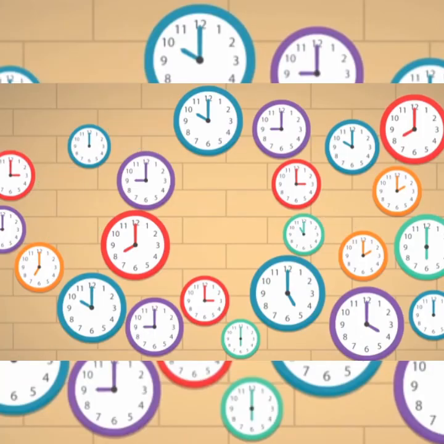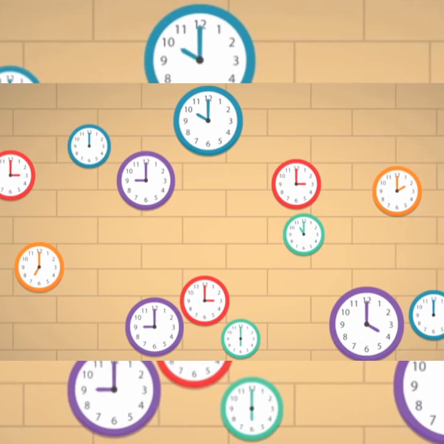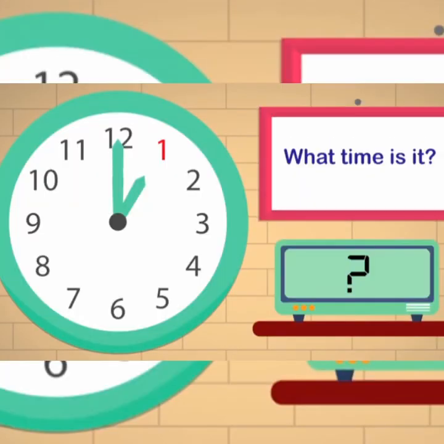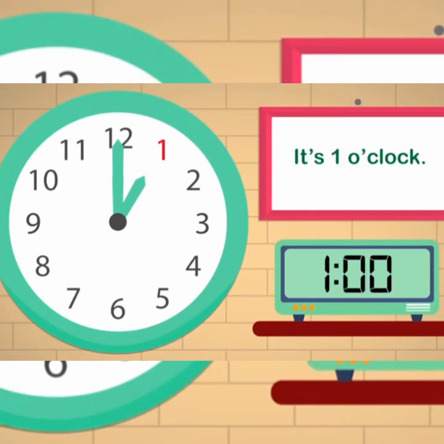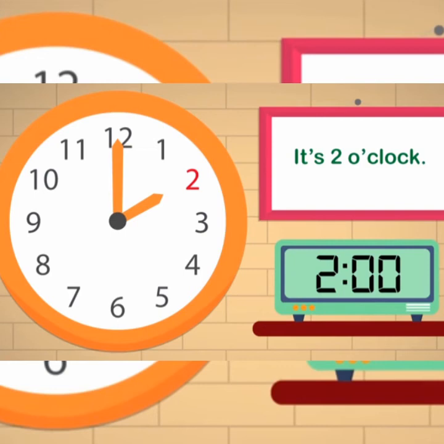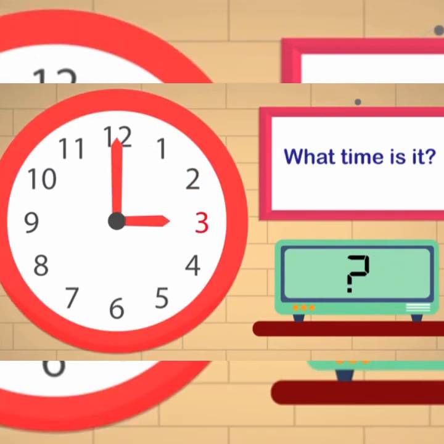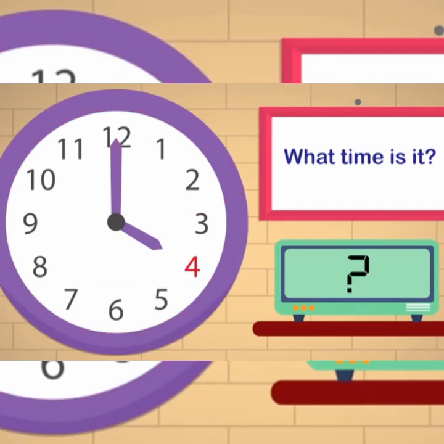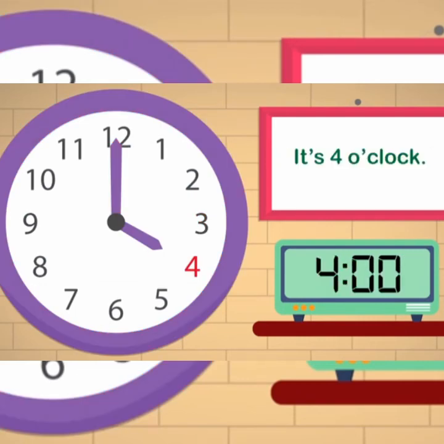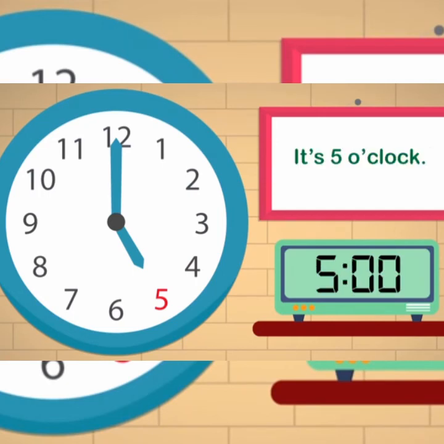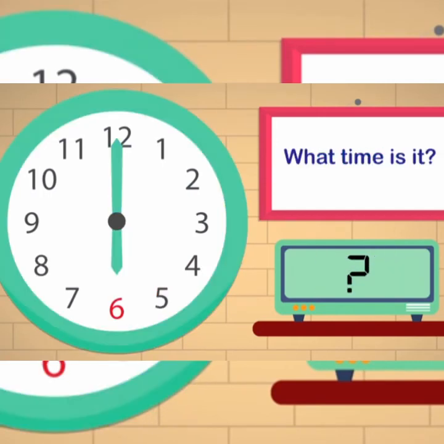Are you ready to learn to tell time? Okay, let's go! What time is it? It's 1 o'clock. What time is it? It's 2 o'clock. What time is it? It's 3 o'clock. What time is it? It's 4 o'clock. What time is it? It's 5 o'clock. What time is it?